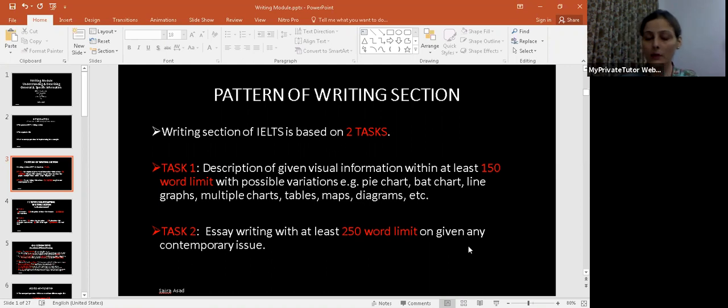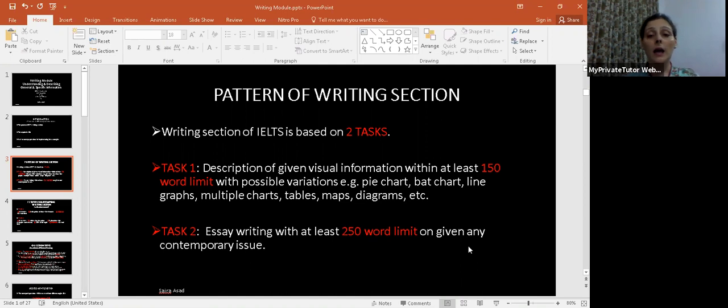The word limit can be increased a little bit, but it should not be less than 150. You're not going to count each and every word, but you should have an idea of how much you write, so that it makes at least 150, 160, and so on. That is the minimum requirement for attempting this task.